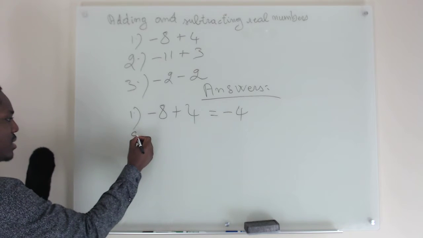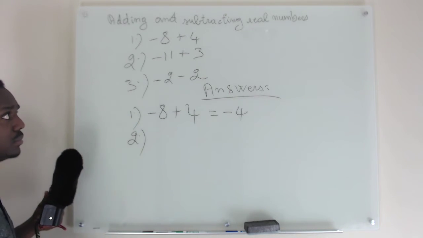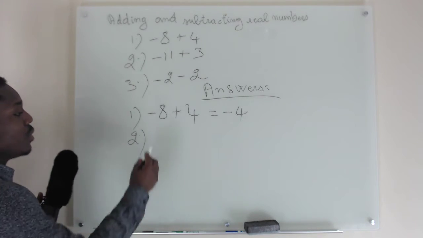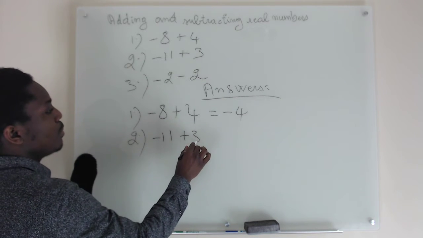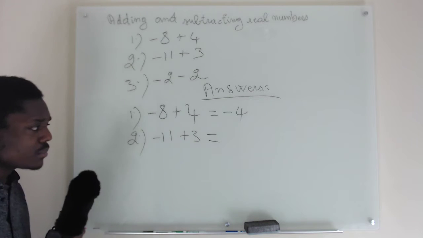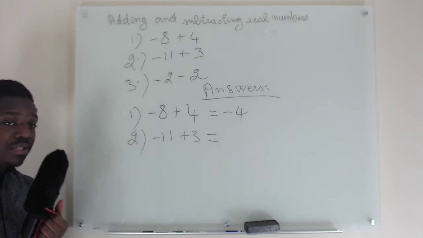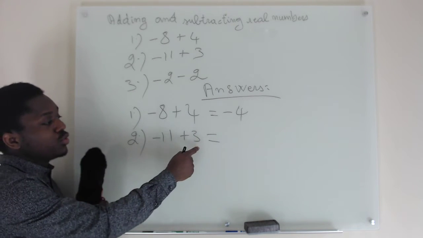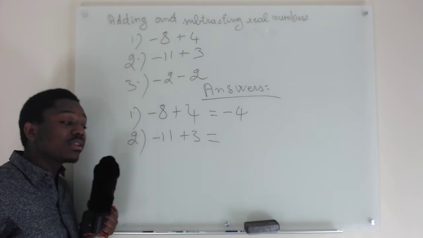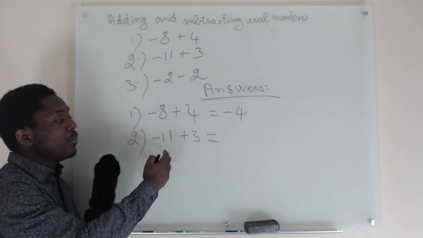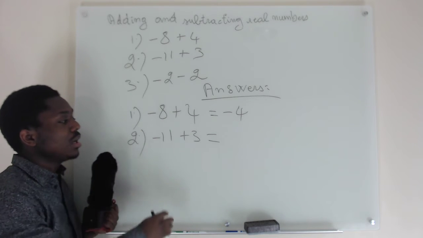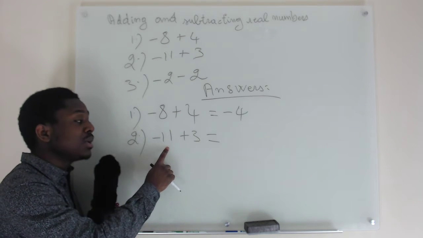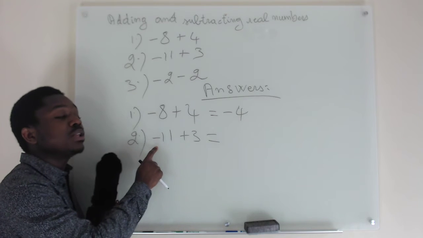Now let's take the second one. The second one we have -11 plus 3. Again, the first thing, you look at the two numbers and ask yourselves, between 11 and 3, which one is bigger? The number 11 is bigger. What is the sign of the number 11?